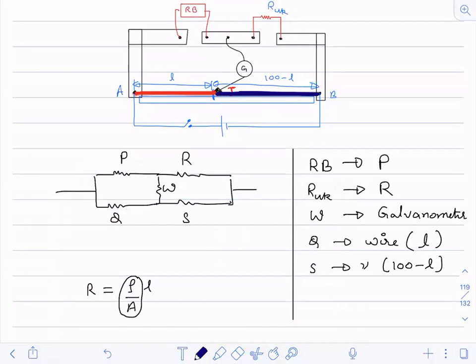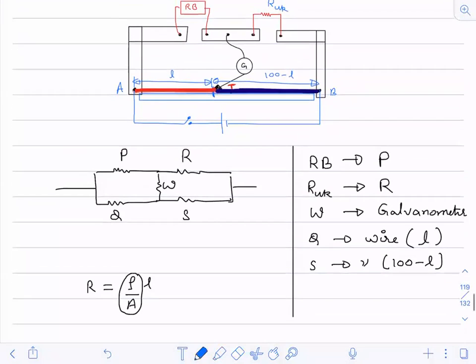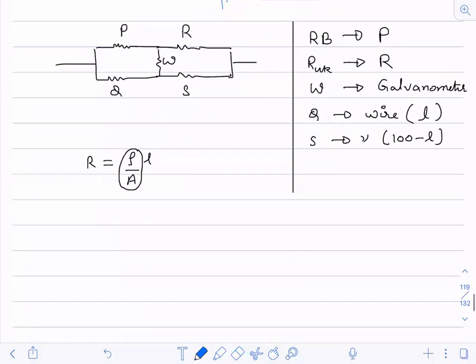Understood? Now if resistors are clear to all of you, then if there is no deflection in the galvanometer, what does it mean?